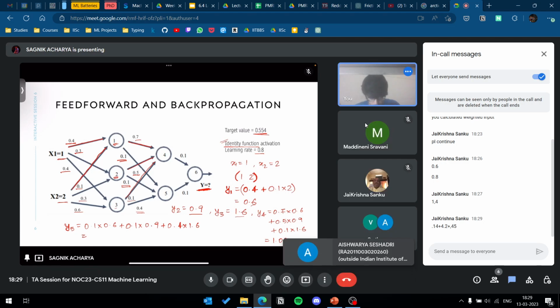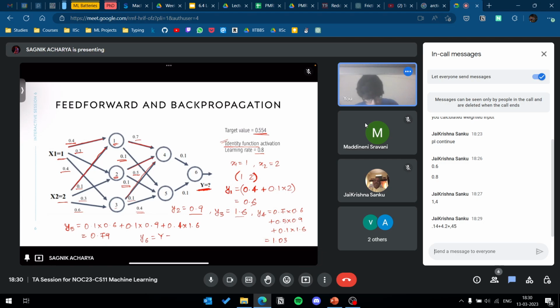So it's 0.79. And finally we have reached the end. y6 is the last value, so y6 equal to capital Y, the final output, is 0.1 times 1.03 plus 0.1 times 0.79. So that's 0.182.